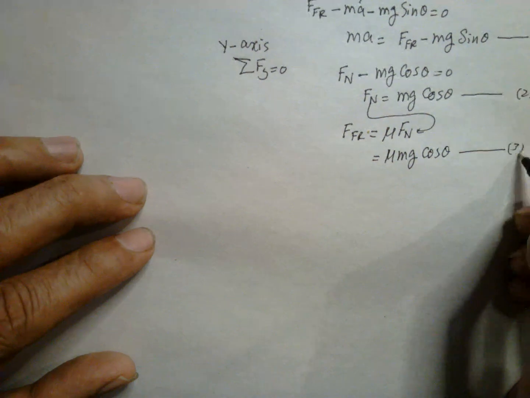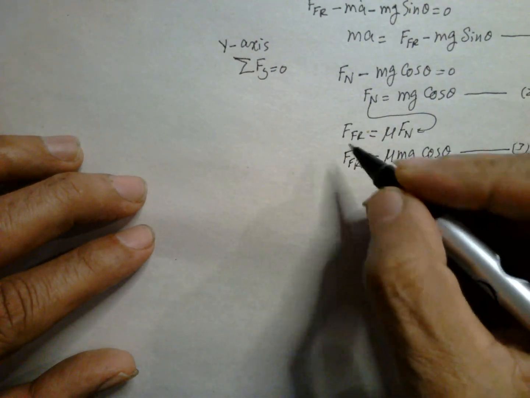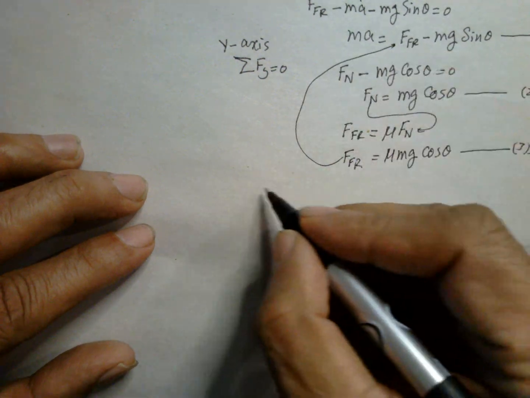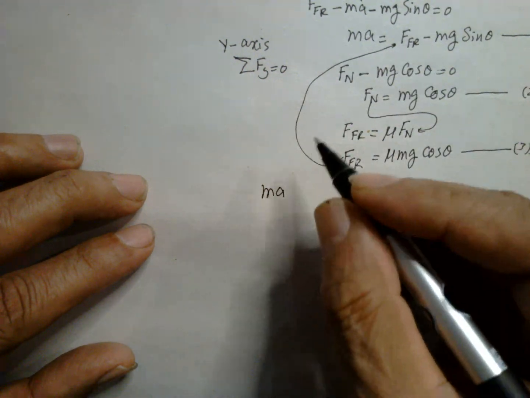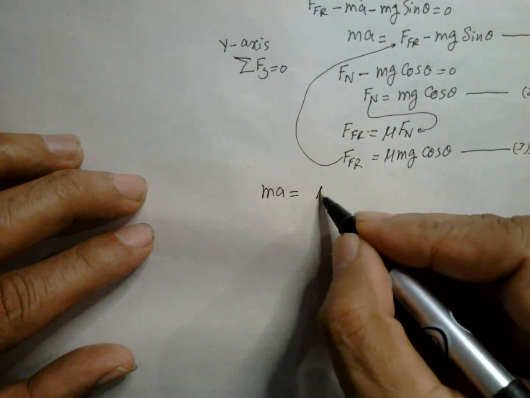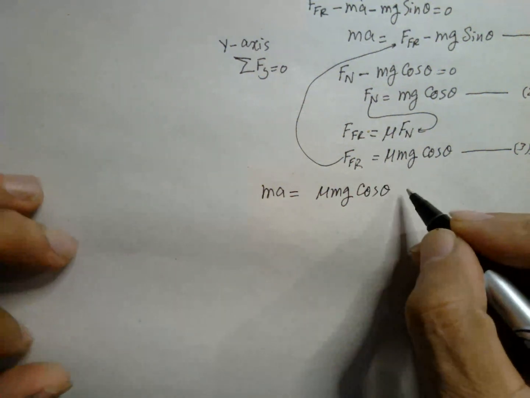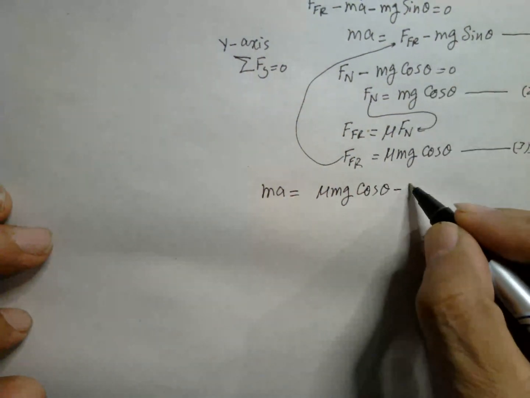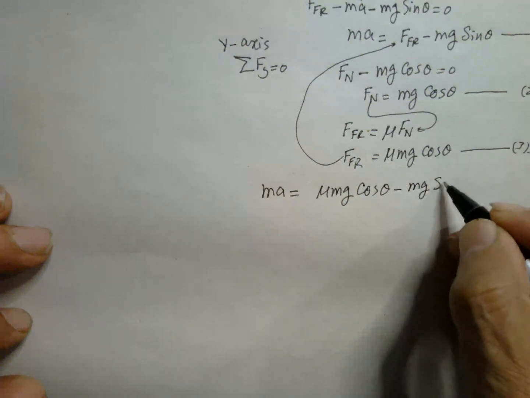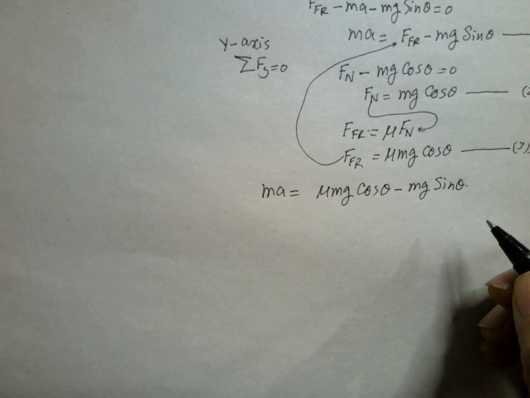This is equation 3, the friction force Fr. If you put this value here, then ma is equal to Fr, which is nu mg cos of theta minus mg sine of theta.